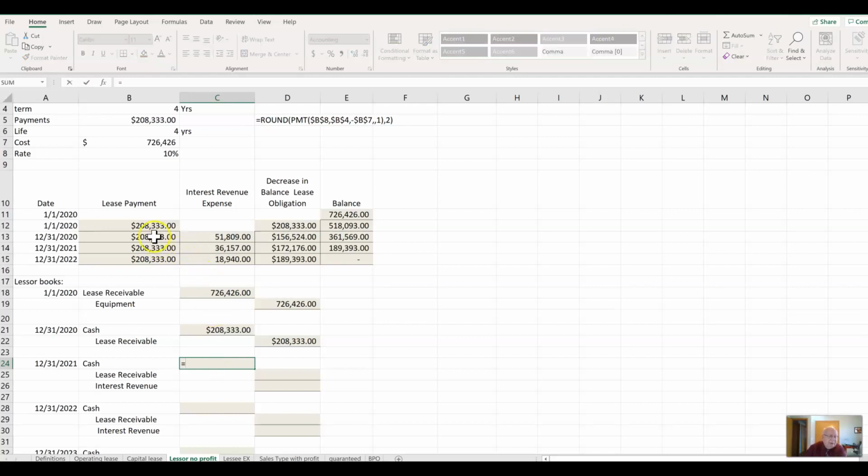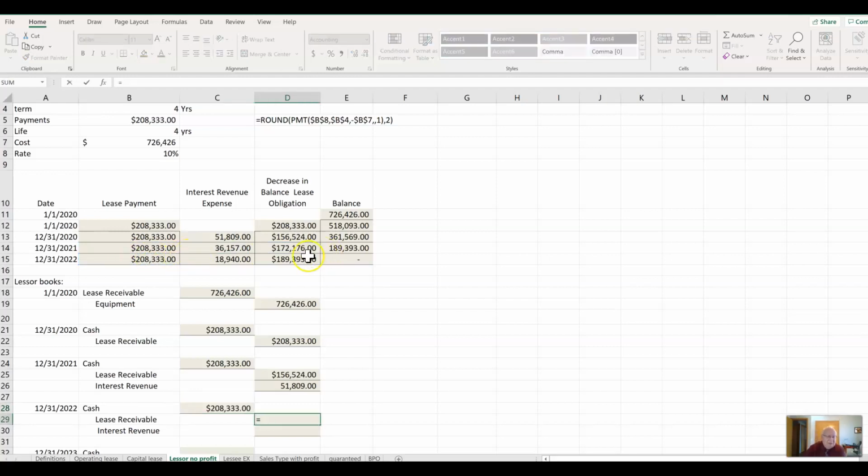equal against the cash, and then the lease receivable, the 156. And 51,809. And for this 22, this is the cash over here, getting the 22.